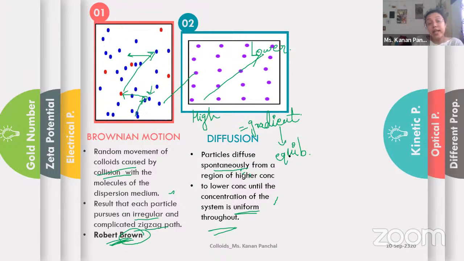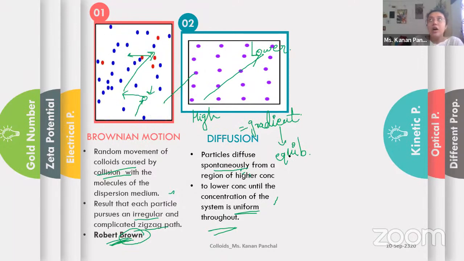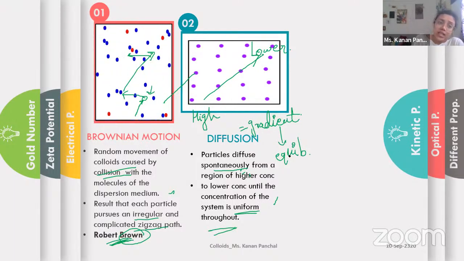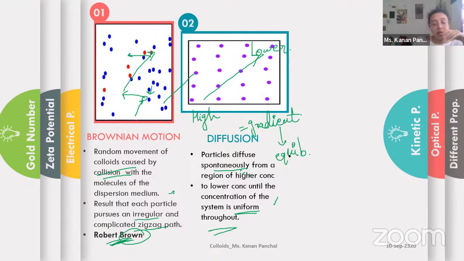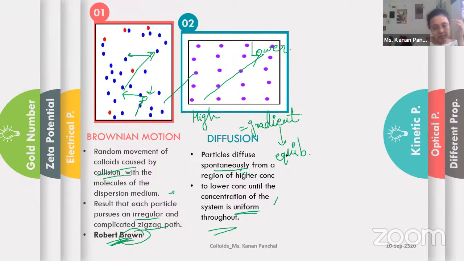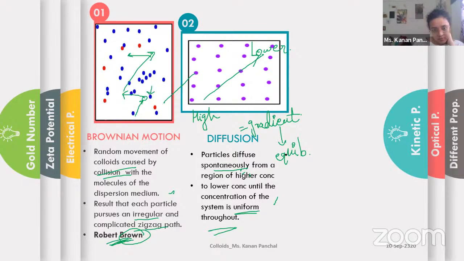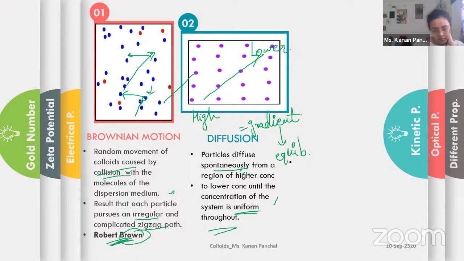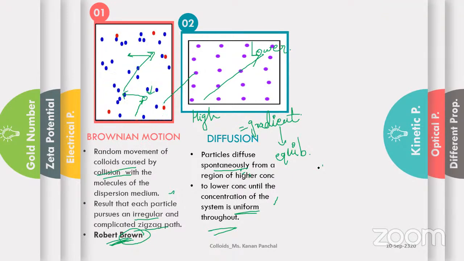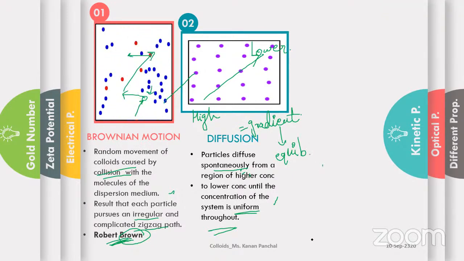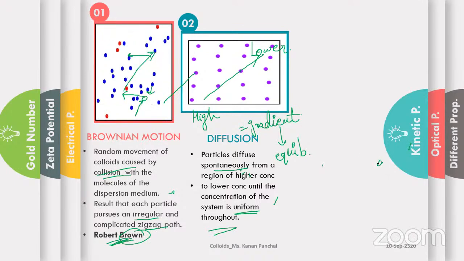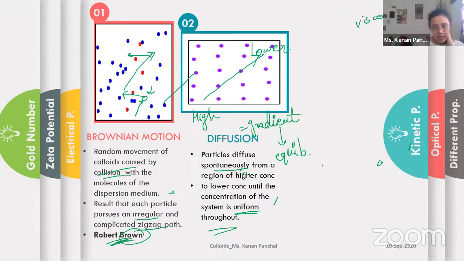Now tell me, for Brownian motion, if your dispersion is very concentrated, will Brownian motion be more or less? If the viscosity is low, then Brownian motion will take place, and if viscosity is high, then it will be low. Okay, viscosity is inversely proportional to Brownian motion.